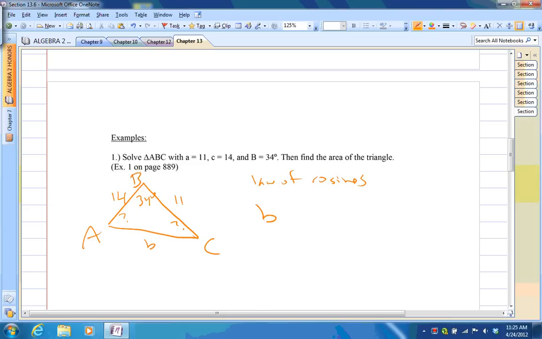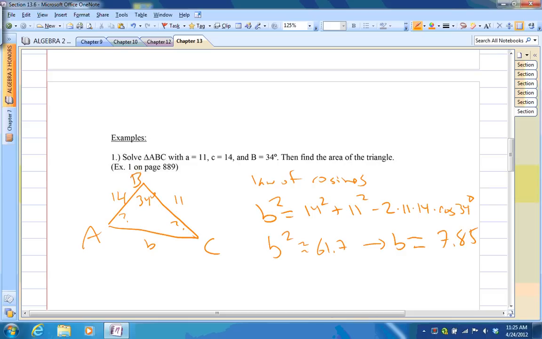to find little b. So b squared is going to equal a squared, or 14 squared, plus c squared, which is going to be 11 squared, minus 2ac times the cosine of 34 degrees. Just work it out. I'm sorry, I meant to say b squared. So b squared should equal roughly 61.7, so b would be 7.85.